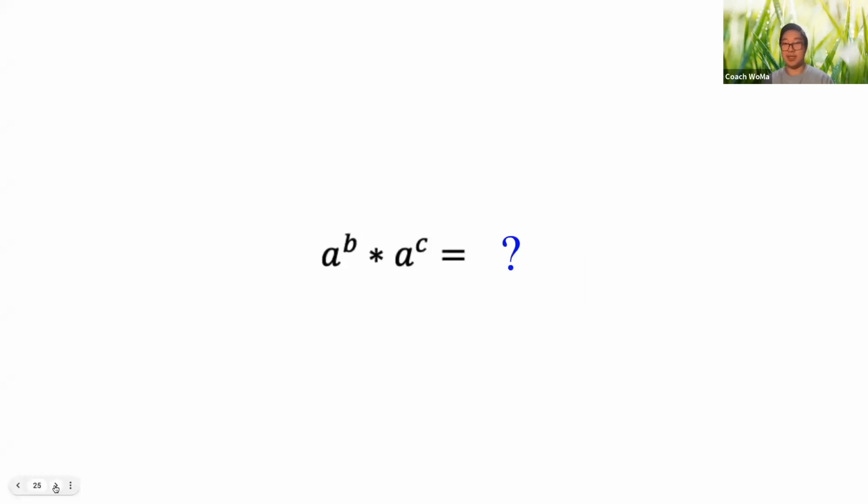So a to the b times a to the c equals. So how would we complete this rule? Please direct message me.